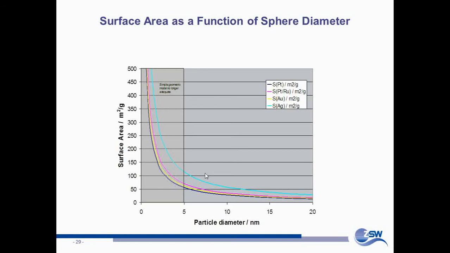That's the size limit where our assumption, well, these are spherical particles, needs to be revisited, and the real structure of these now some 2,000 atoms big macromolecules, which we call platinum nanoparticles, needs to be taken into account.